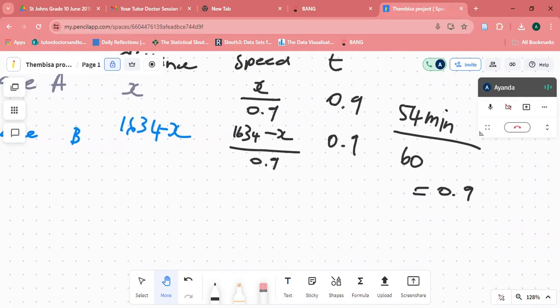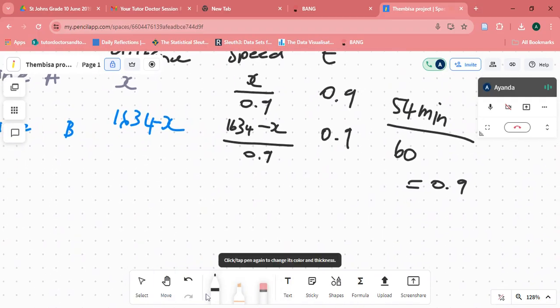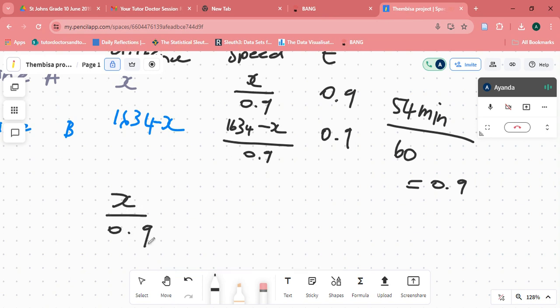So now we can create an equation from the variables that we have. We can take the speed of plane A, x over 0.9, and make it equal to the speed of plane B, 1,634 minus x over 0.9 plus 20.